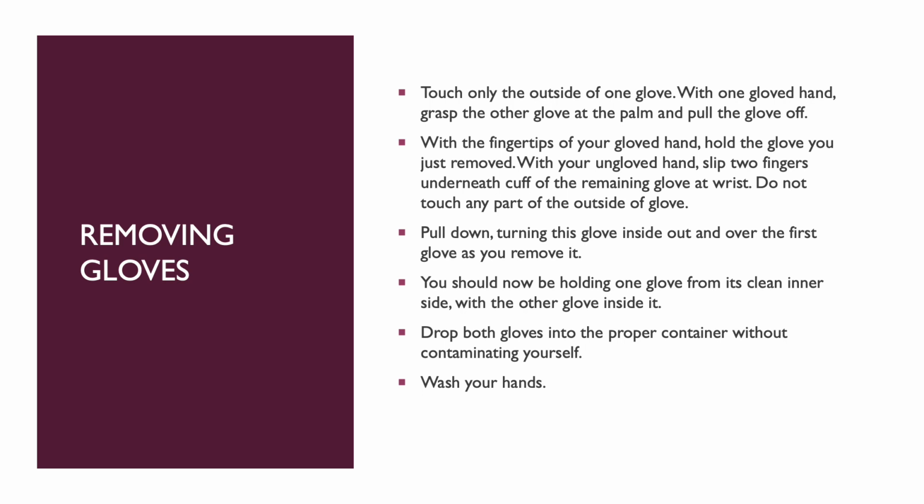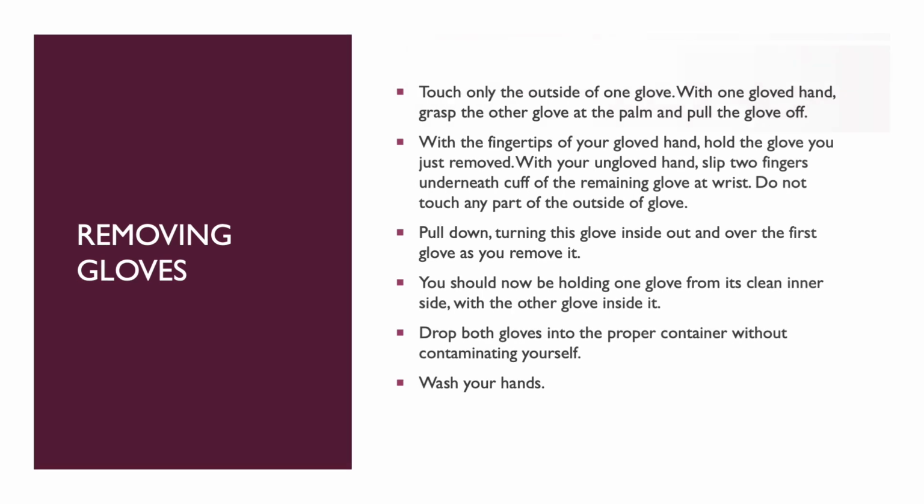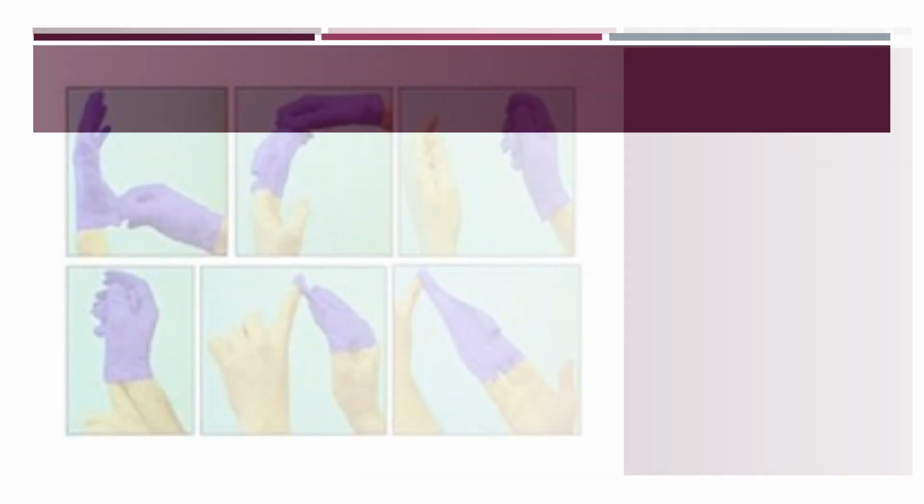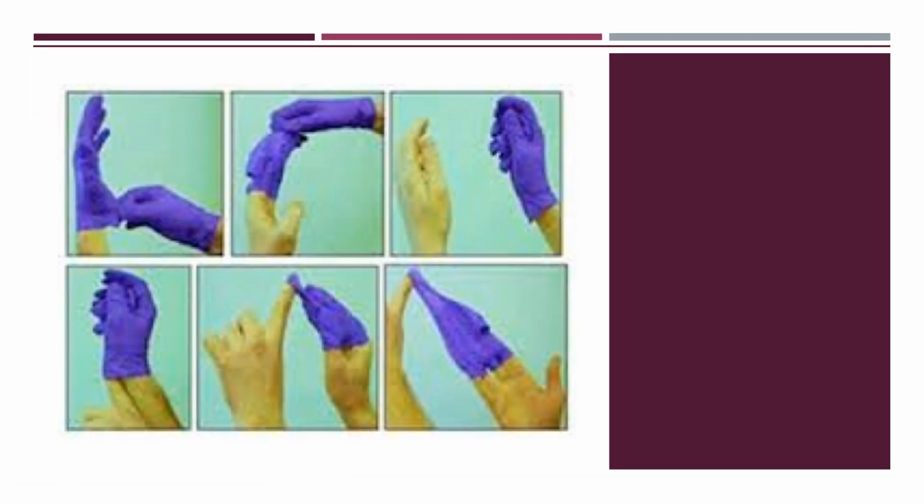So to give you a better idea, I'm going to show you the picture, and once again watch that video in this lesson about how to remove the gloves. So here you can see a picture. In the very top left corner, you'll notice that with one gloved hand, they're pinching the bottom of the palm. So their glove isn't touching their skin, it is touching the glove.